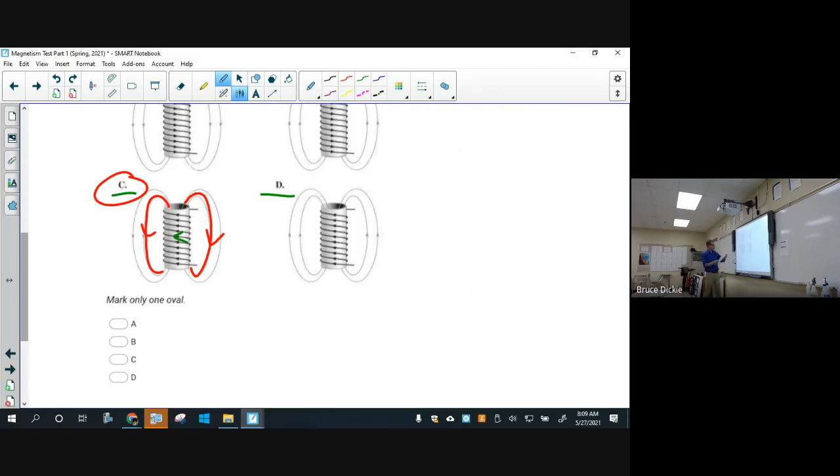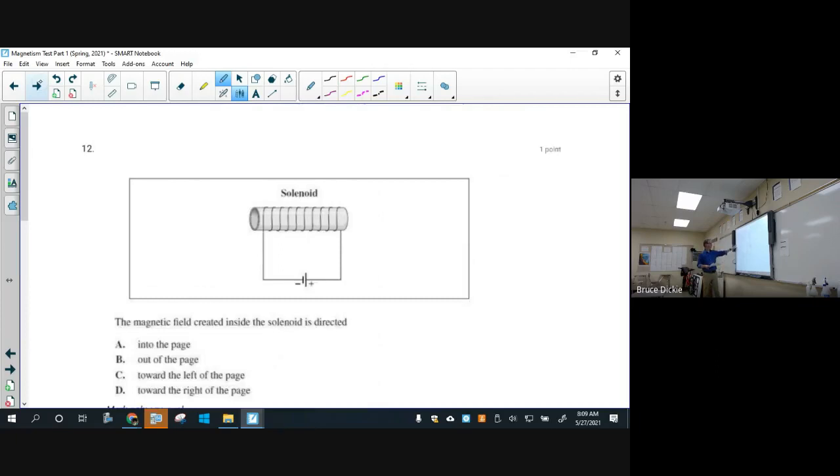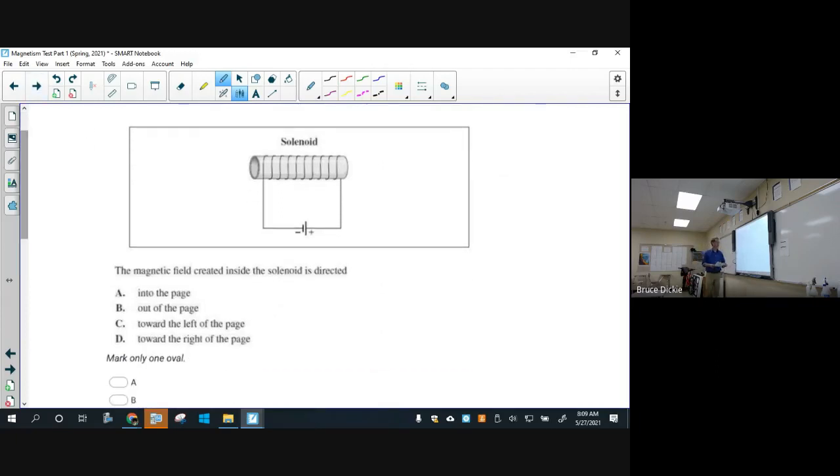And the next one, this is a coil rule as well, but not Lenz's law this time. This time we just have a solenoid, and we want to find the magnetic field inside the solenoid. I'm going to use the electron current, and therefore, since I'm using electron current, it's going to be the left-hand rule, the left-hand coil rule. My current goes this way, up in the front, and it's going to end up going down in the back.